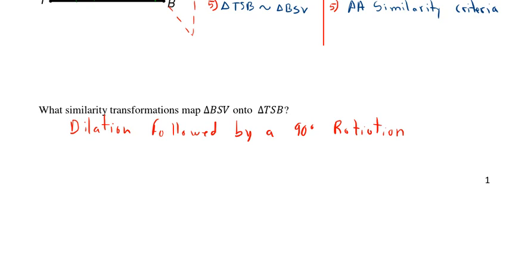The rotation in this case was clockwise, because we cannot go counterclockwise if we do first the dilation. In the other one, in number 1, was a 180-degree rotation, so it doesn't matter whether it is clockwise or counterclockwise, it will get to the same place. Any questions with number 2?